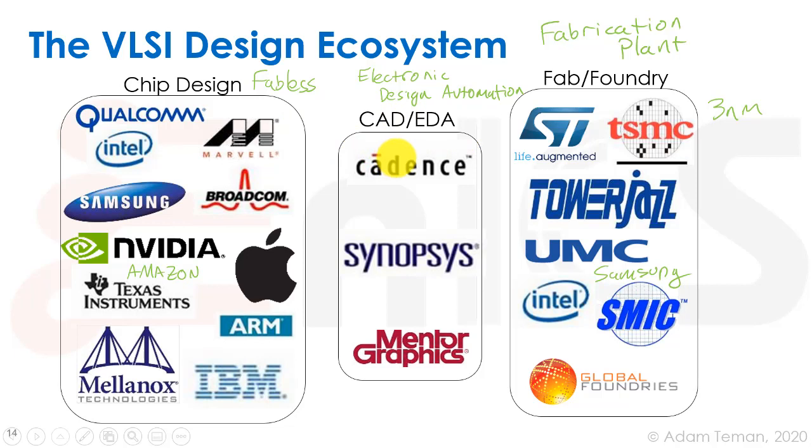So these are the guys who provide the tools that communicate between the fabless companies and the foundry. The foundry is able to make transistors. They characterize the technology, and then they make some sort of file that tells what the technology does, and they want to provide it to the chip design company so they can design with it. Cadence, Synopsys, and Mentor Graphics have a basic monopoly on this CAD area.